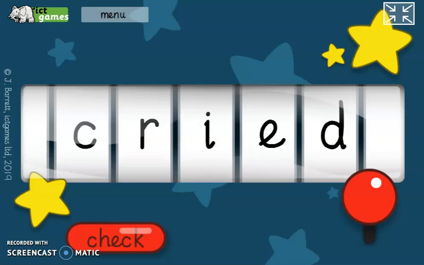Because we know that 2 of the letters, the I and the E, come together to make what sound? I. Yeah, like we had in the word pie. Can you see those 2 letters? Okay, now you are going to sound out this word on your own and then we will try it together.